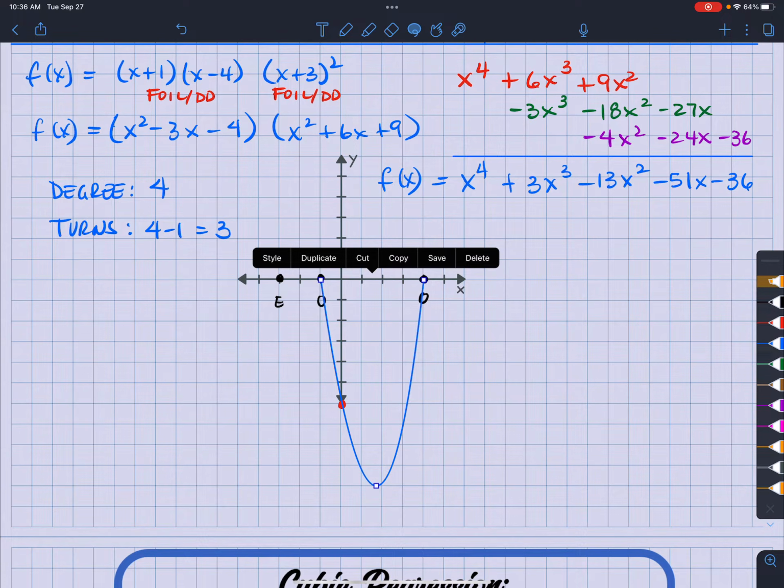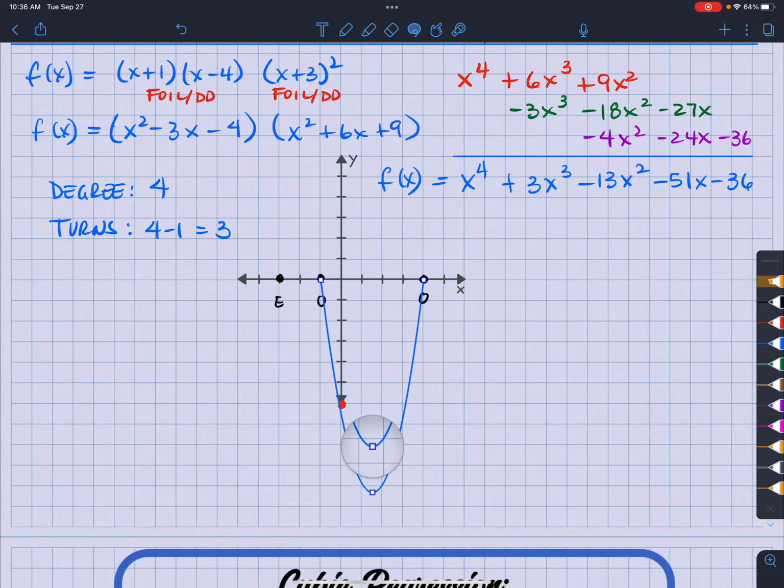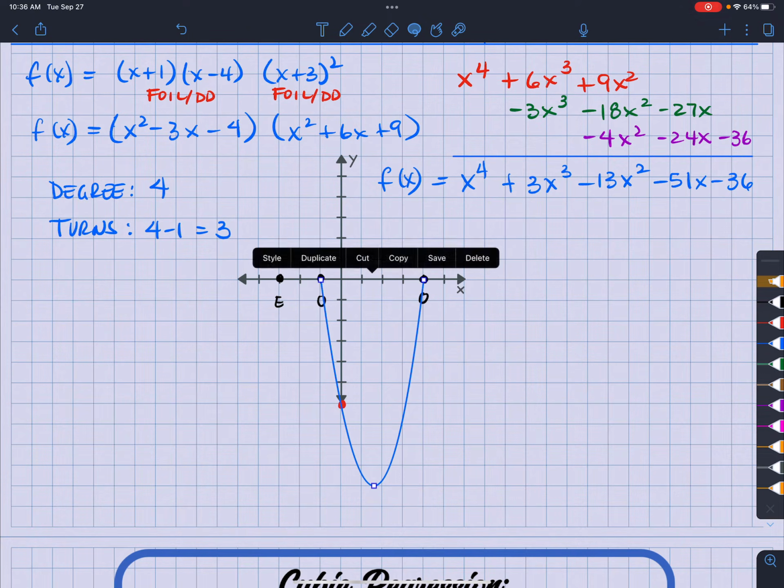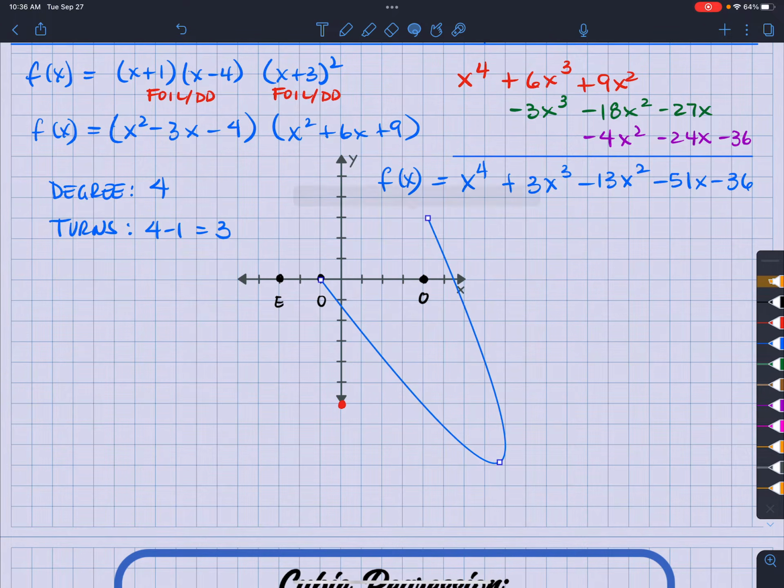I don't know actually how this is going to be in terms of symmetry. But I do know that it has to go through this point and this point, and this has to go through as well. So something like that.